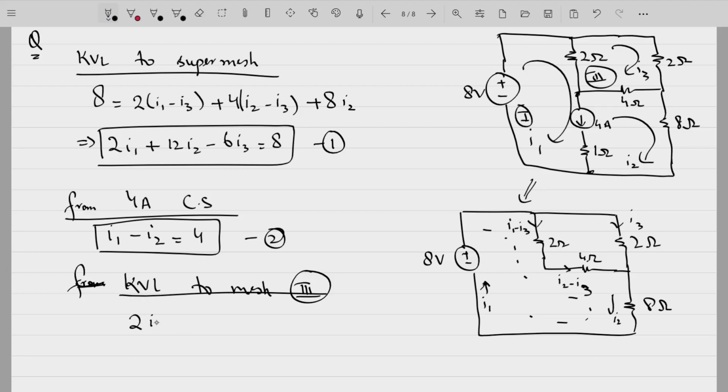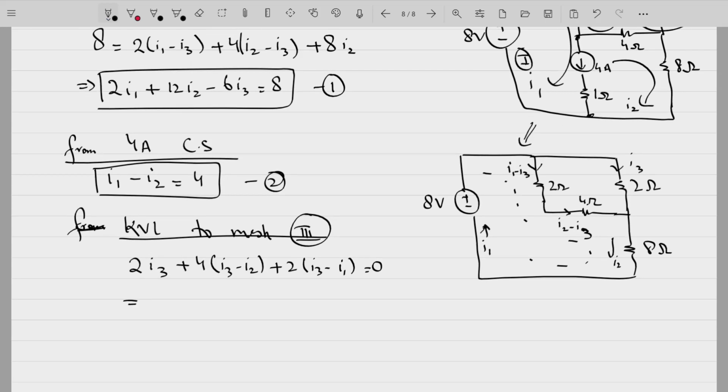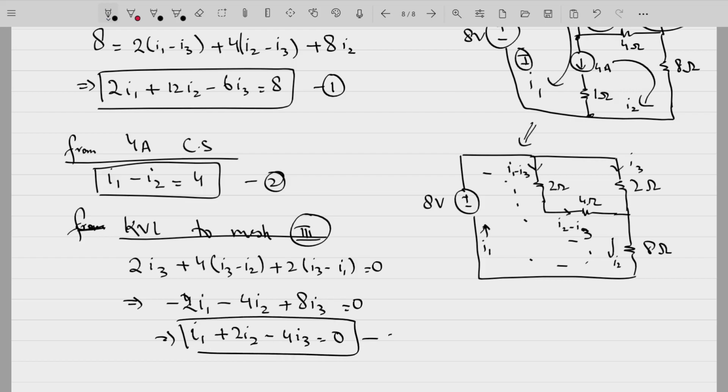I'm starting with this particular element, 2i3 plus 4(i3 minus I2) plus 2(I3 minus I1) is equal to 0, which implies minus 2I1 minus 4I2 plus 8I3 is equal to 0, or I1 plus 2I2 minus 4I3 is equal to 0. This is equation number 3.